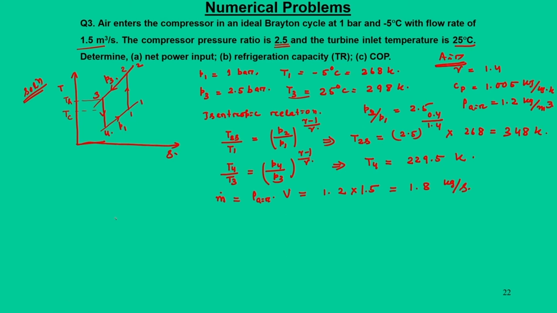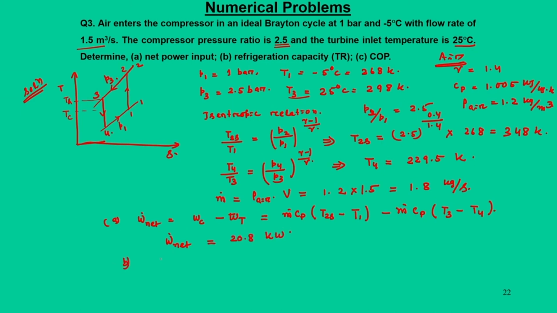Then we can now calculate one by one. W dot net, that is W c minus W t. So, we can write m dot Cp (T2s minus T1) minus m dot Cp (T3 minus T4). By putting these numbers we can say W dot net becomes 20.8 kilowatt.